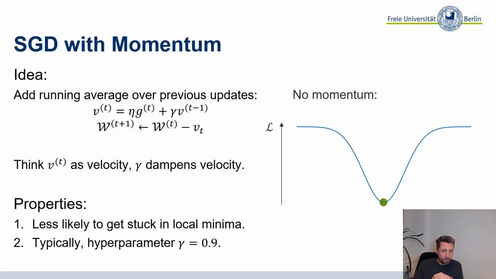But with momentum, the optimizer will have a memory of past optimization steps into this direction, and running up the hill would diminish our variable v at some point. But if we had enough velocity going into this minimum, we will get out. Yeah? And then hopefully fall into the correct global minimum behind this one here.